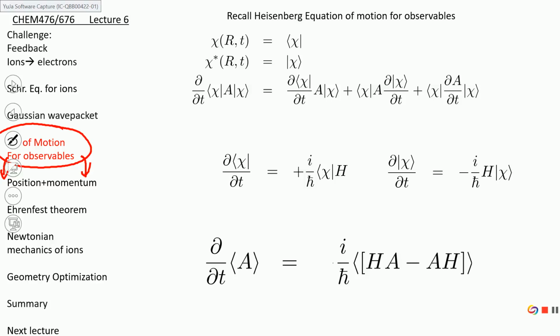So the Ehrenfest theorem and the more general concept of the Heisenberg equation of motion deal with expectation values in brackets.